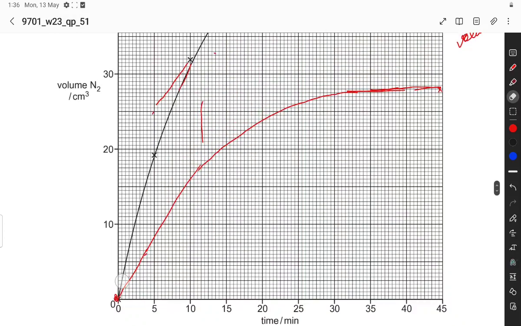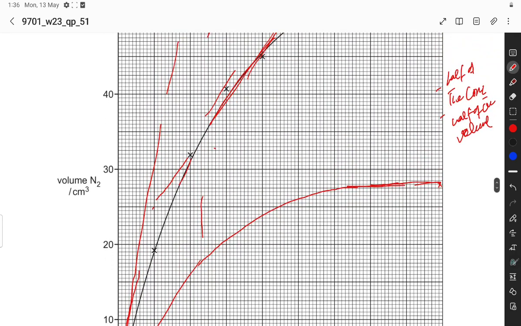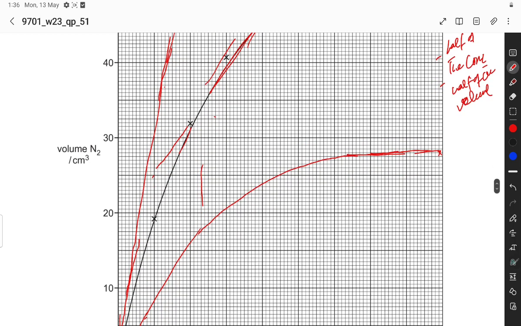So, draw the tangent from 0, 0. I don't have a scale, so use any coordinate at this point.